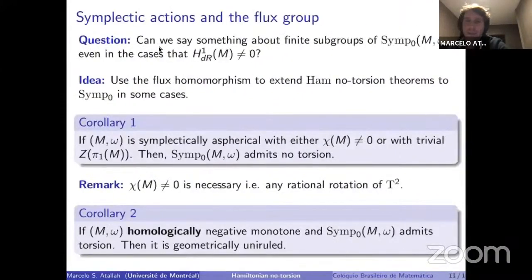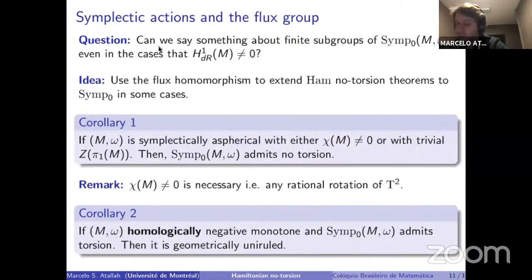If we want to say something about Symp0, so trying to go a little bit beyond the group of Hamiltonian diffeomorphisms, especially in the case where the first cohomology is non-trivial, just by looking at some well-known properties of the flux homomorphism, we were able to extract a couple of corollaries straight from the two theorems I just discussed.